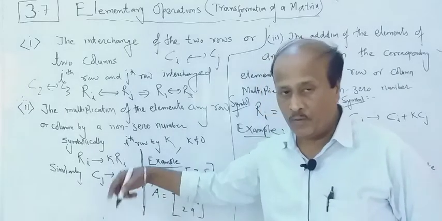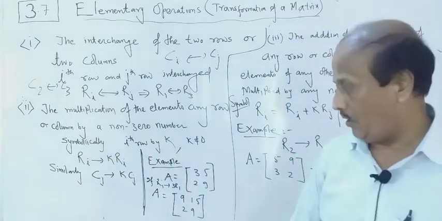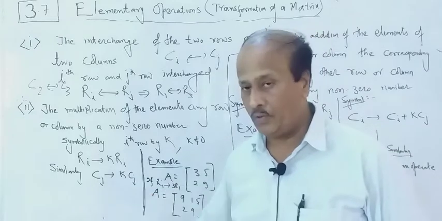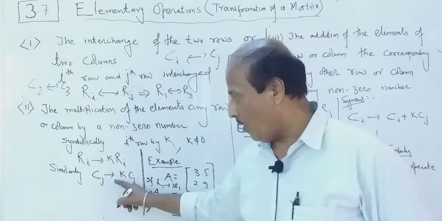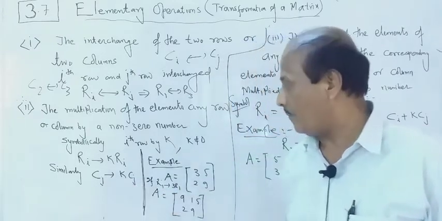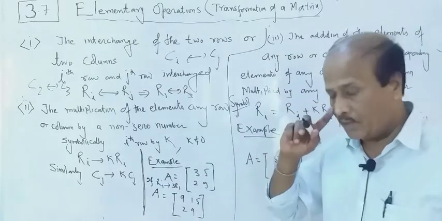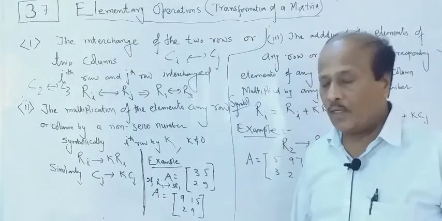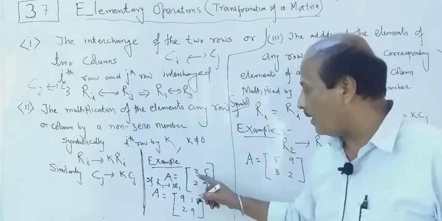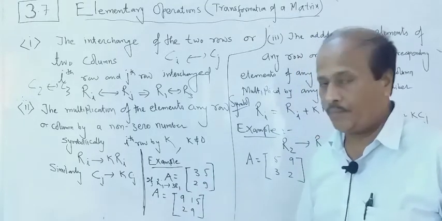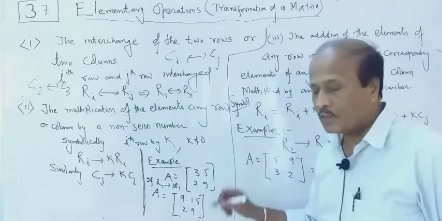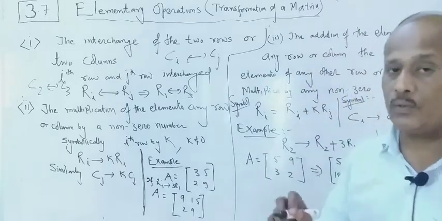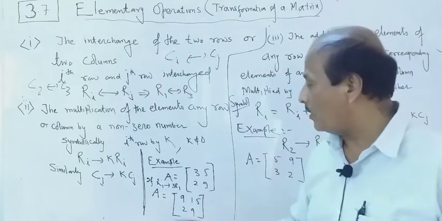Similarly, if you want to multiply the jth column with k, how are you going to write? Cj operated in the form of kCj. One of the examples I have selected: suppose A is given as 3 5 / 2 9 and somebody is asking me to multiply the first row with 3. So no need of using that sentence. Don't use that sentence. Rather you write like this.